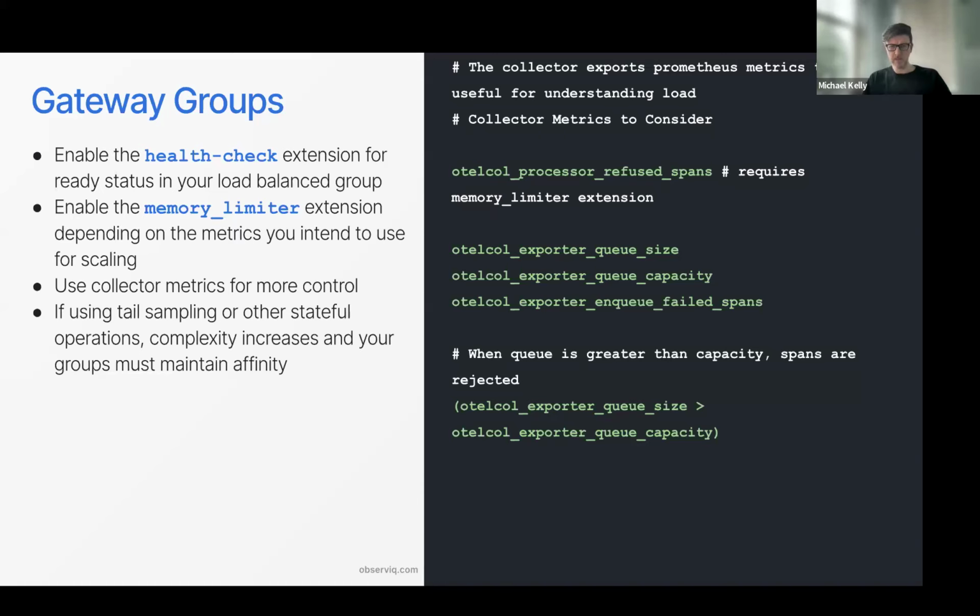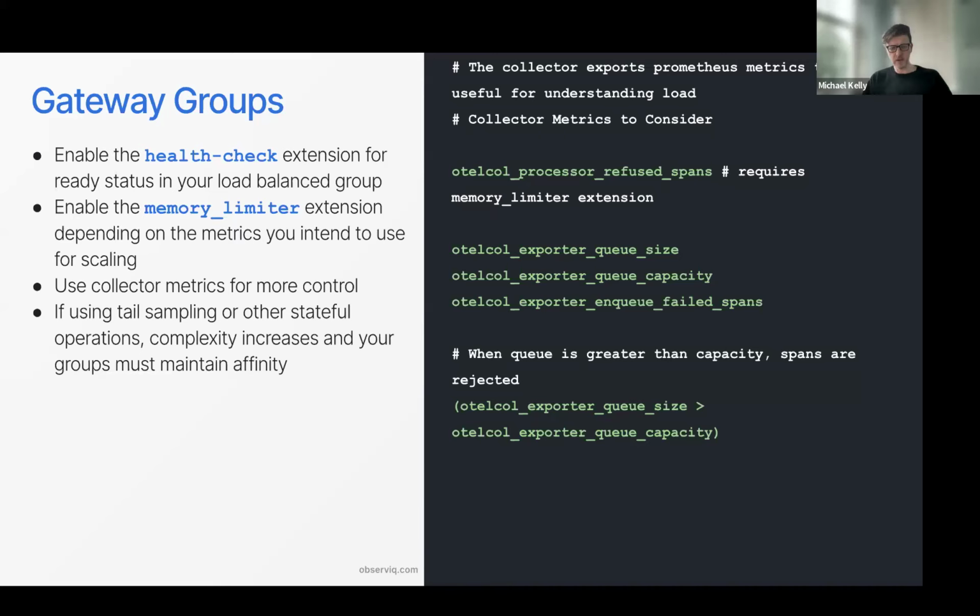These metrics are all exposed through a Prometheus endpoint within the agent itself. I'll show you what that looks like, but it's pretty straightforward to expose those metrics. Again, it gets more complex if you're choosing to follow this method, but it does give you better visibility into what's happening.